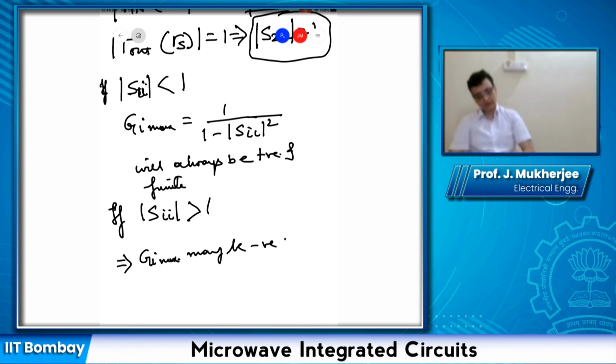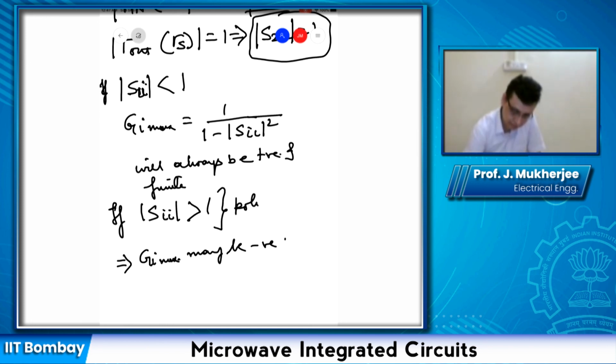So if GI max is negative, then it's an undefined quantity, and in that case we may not have a finite gain. And if we do not have a finite gain, then this represents a potentially unstable case. Okay.